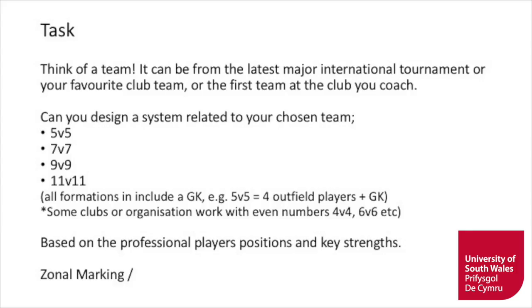Or some adopt each and every format of the game, so they'll go from 4v4 to 5v5 to 6v6 to 7v7 and so on. So from identifying and structuring the smaller formats of the game, can you also come up with the key strategies and key players within each?